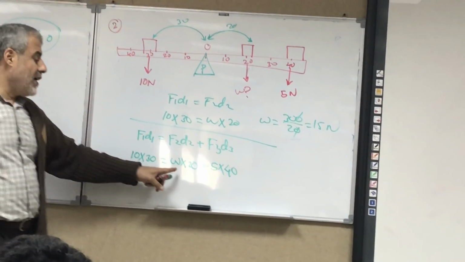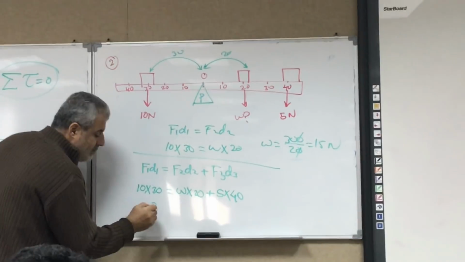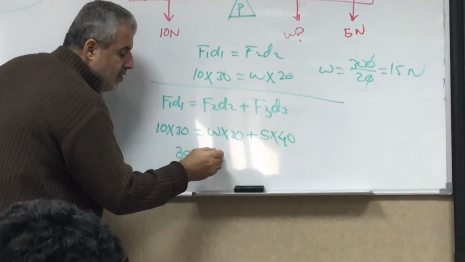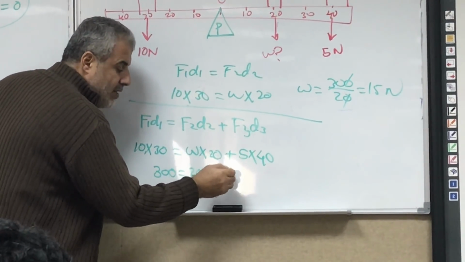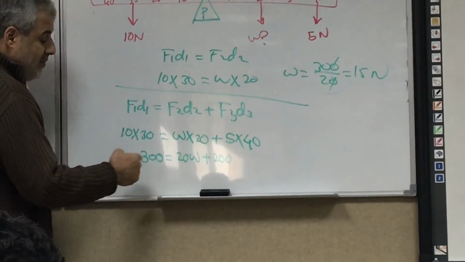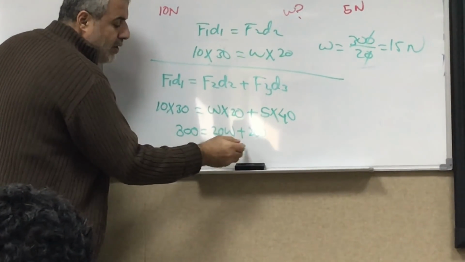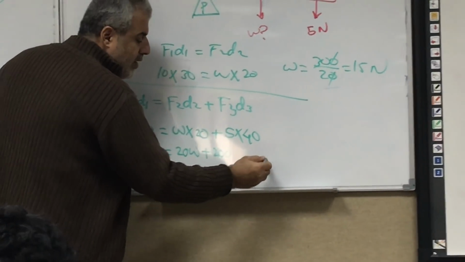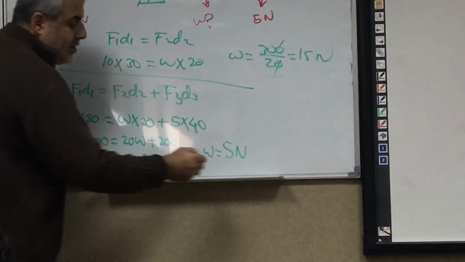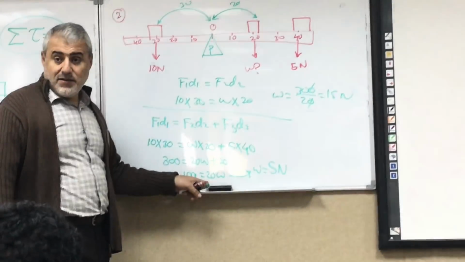First of all, you solve this for W. It's 300 equal 20W plus 200. Is that right? Yes. Send this 200 to the other side. It will be negative. So 300 minus 200, how much is it? 100 is equal to 20W. So finally, W equal 5 Newton. Is that clear? Yes. Because 100 over 20 is 5.